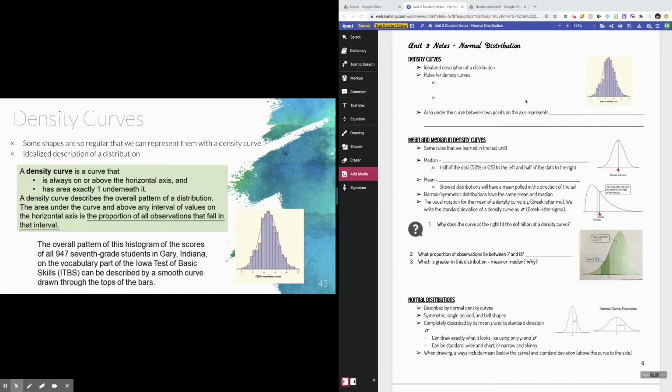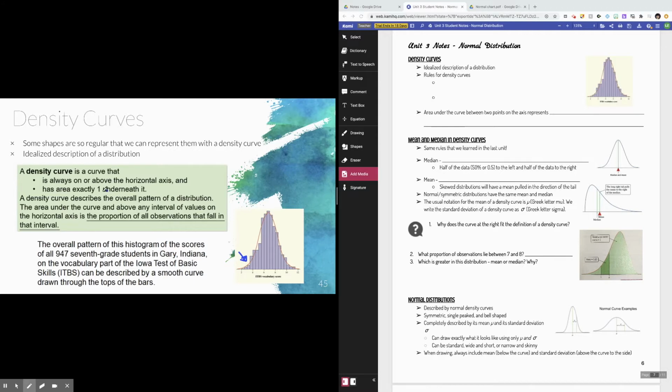Eventually, the bins of the histogram will get smaller and smaller until all that's left is the shape, the general shape of the distribution, which is what this red line is right here. That red line is the density curve.